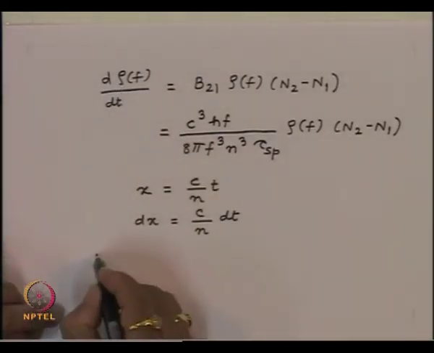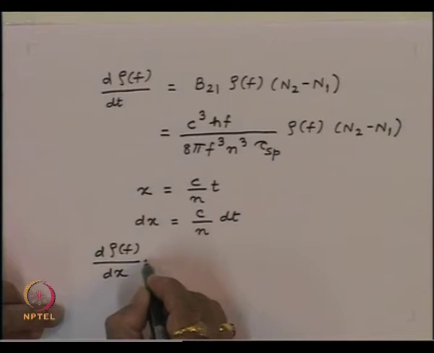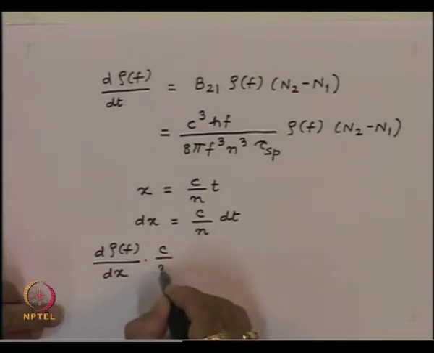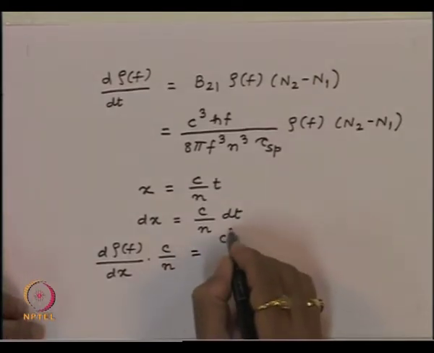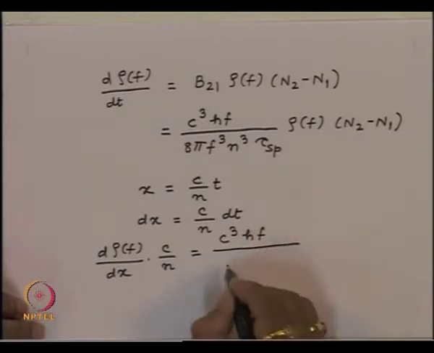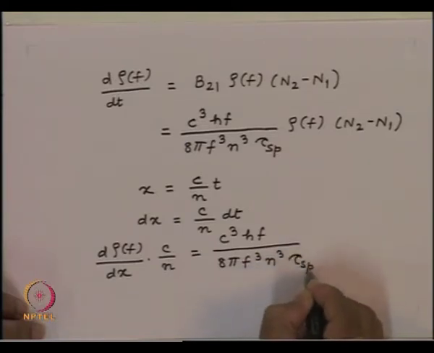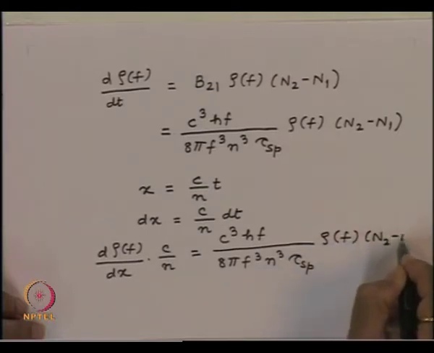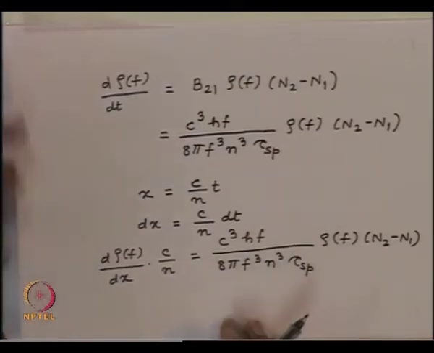So, we can write this quantity here, which is d rho f by dx into dx by dt, which is c by n, that is equal to this quantity here: c cube h of f divided by 8 pi f cube n cube tau spontaneous, rho of f into n2 minus n1.